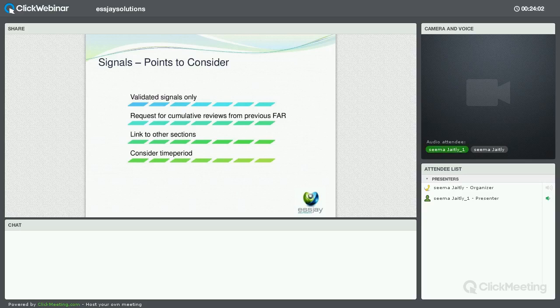And then consider the time period, which is important, because if you've got a long PBRER, which covers, say, 5 years, your tracking system may only be for a year or 2 years, in which case you will have 3 years that you need to go back and look manually to see exactly what signals were looked at and what the outcome was, because they're not on your tracking system. So you do need to bear that in mind.